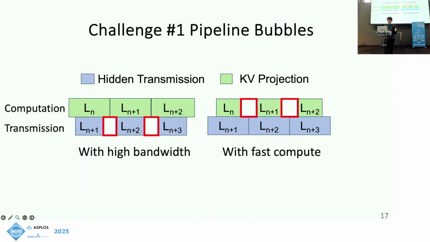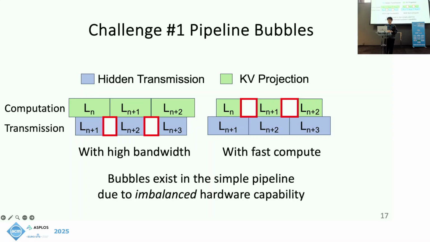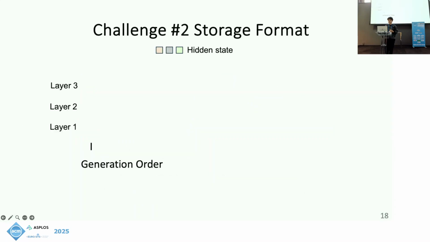The situation is the same on the right with fast computation. This bubble occurs due to imbalanced hardware capabilities between the computation and the transmission. Either of them can be fast or slow, so we have to find a way to adapt to it.